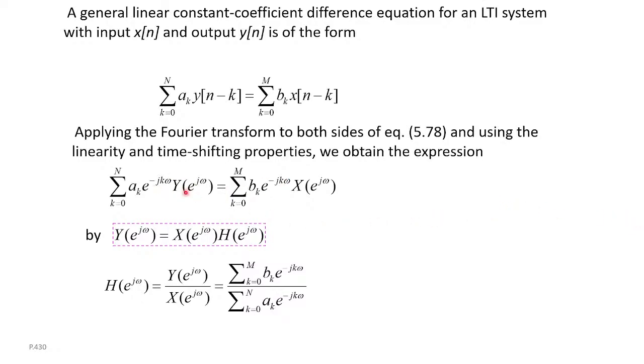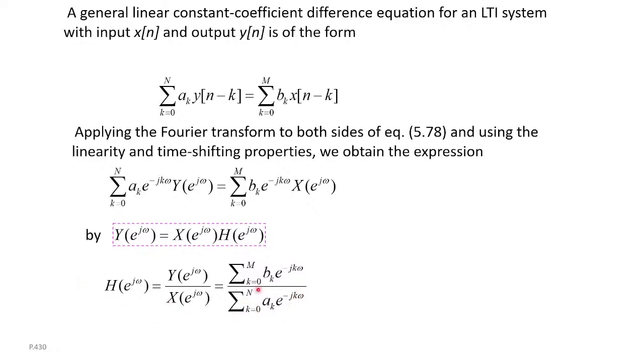So you pull things around, and similar to the continuous time case, you can read down this H directly from the coefficients in your difference equation. It's the sum of b_k e to the minus jk omega divided by the sum of a_k e to the minus jk omega.